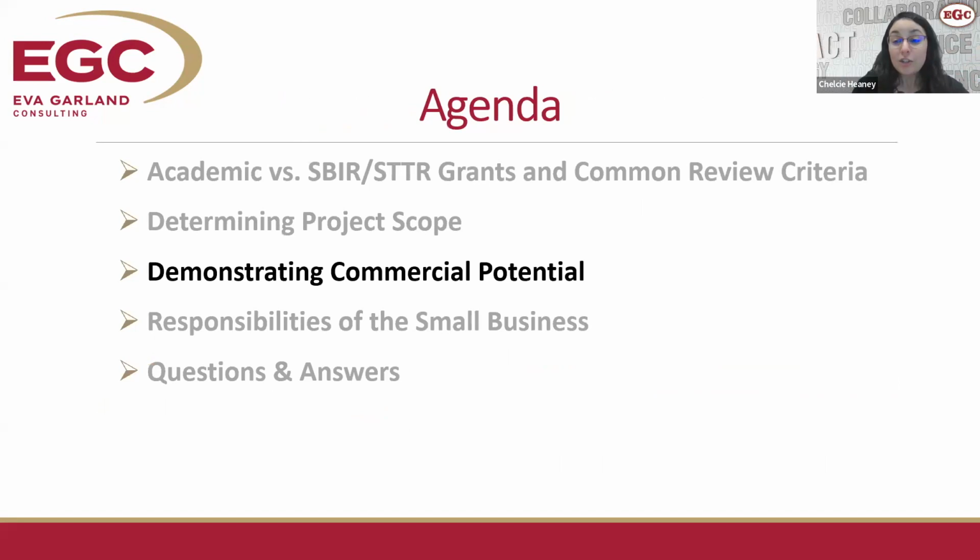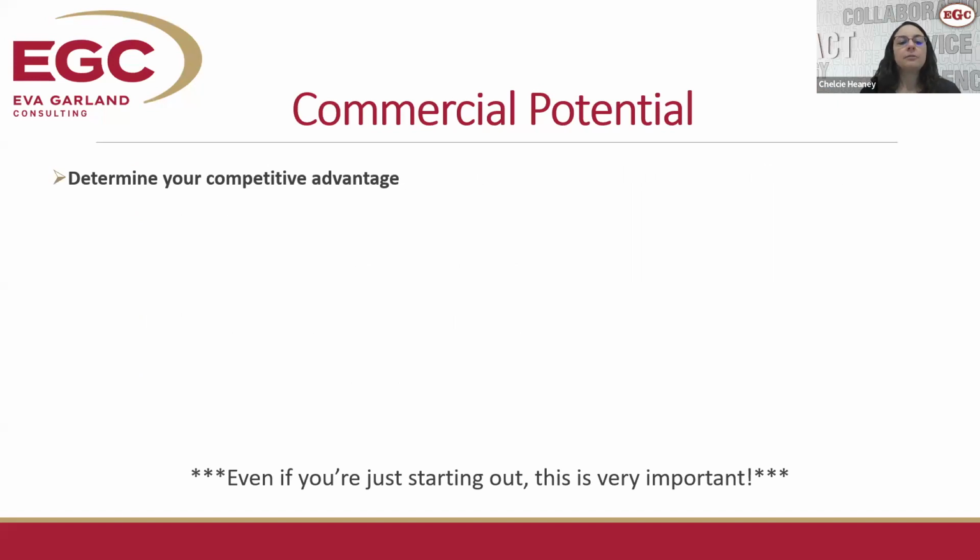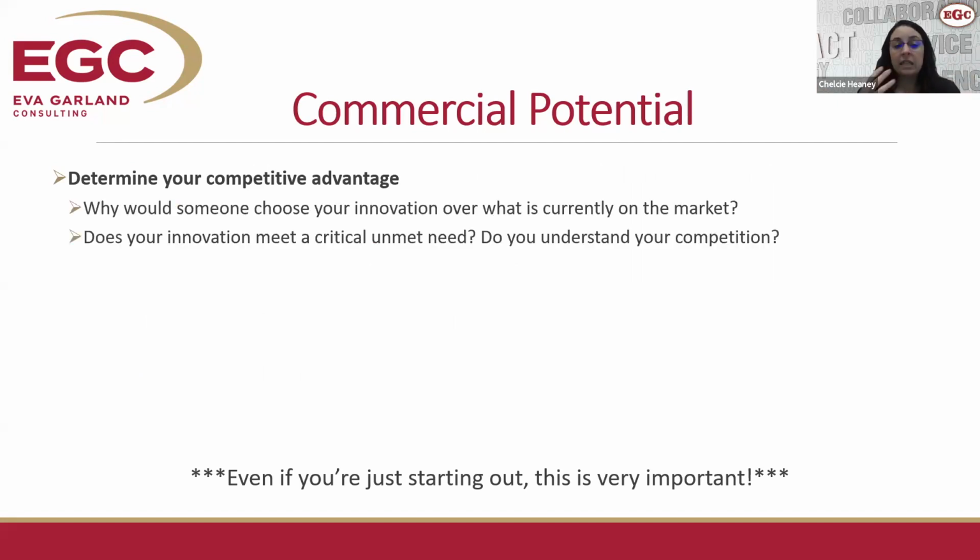All right. So you might be asking yourself, all right, I'm pretty okay with the approach. I understand what I need to do there, but how am I demonstrating commercial potential? So first, you want to determine your competitive advantage. And the way that you do this with small business grants is really think about what is currently on the market. How does your innovation compare to that?